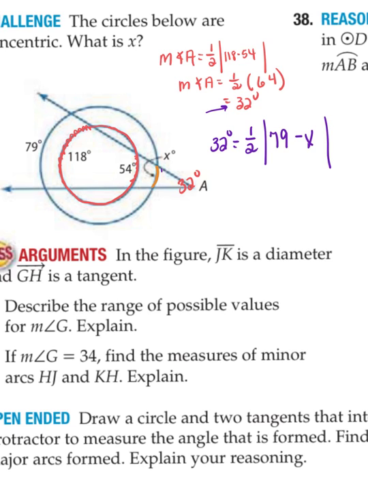So its two arcs are the arc that I'm looking for and the 79-degree arc. When I multiply both sides by 2, I need to subtract 79 from each side. That's going to give me negative 15 equals negative x, or x is 15 degrees. Good luck with this section, and we'll see you the next time.